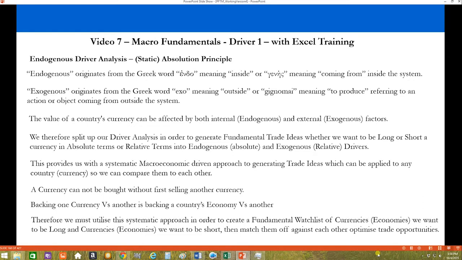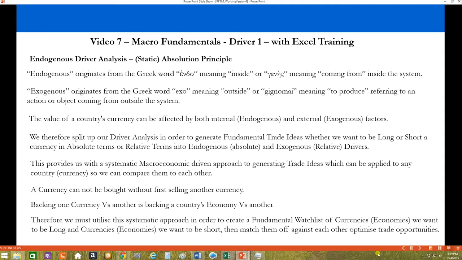So the word endogenous basically originates from the Greek word endo, which means coming from inside the system. And the word exogenous originates from the Greek word exo, meaning outside. So referring to an act, an action or object coming from outside the system.